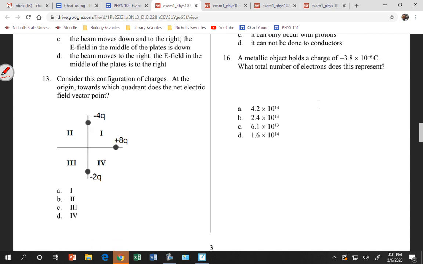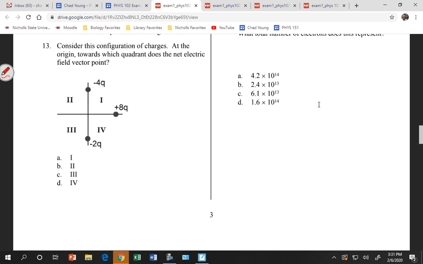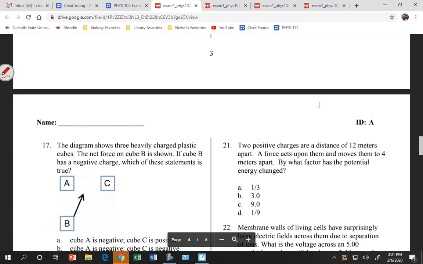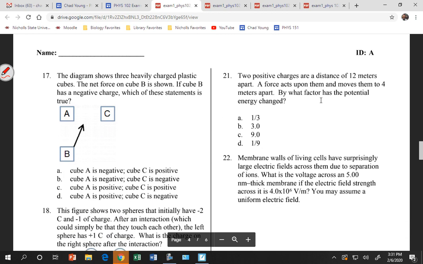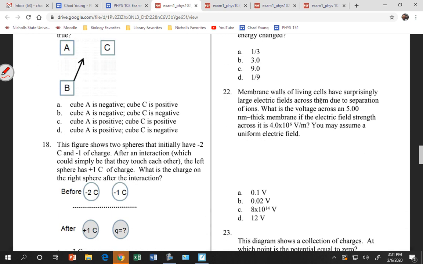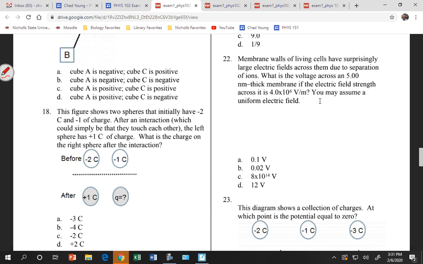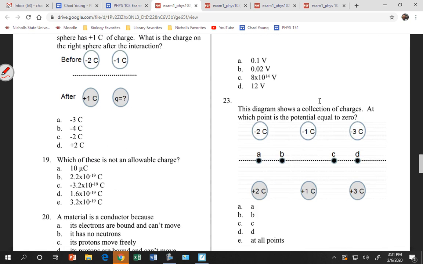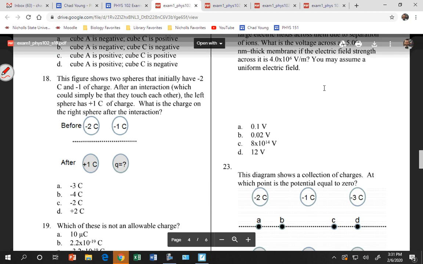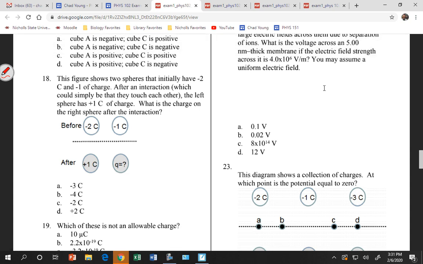Any of these others you want to look at? Number 18. Okay. This is conservation of charge. Not meant to be hard. Once you know how to do it, it's not hard, but that's true for almost everything.